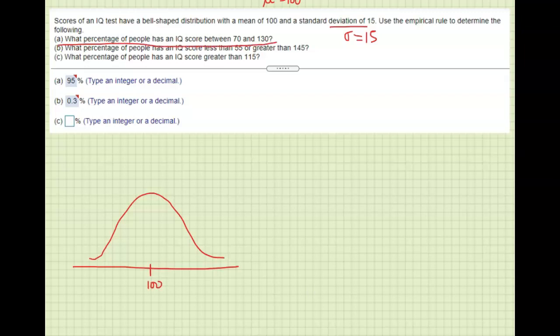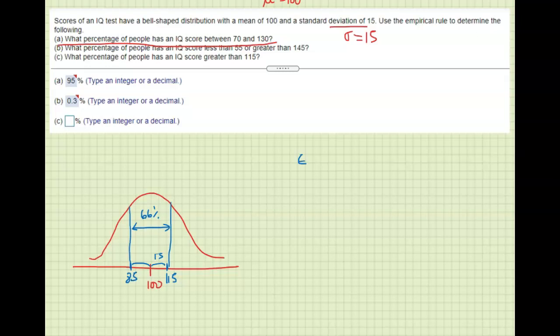The empirical rule gives you percentages within standard deviations. If I'm one standard deviation above and below, because the standard deviation is 15, we do 100 plus 15 is 115, and 100 minus 15 is 85. The empirical rule says that 68% of all the scores are between those two values.